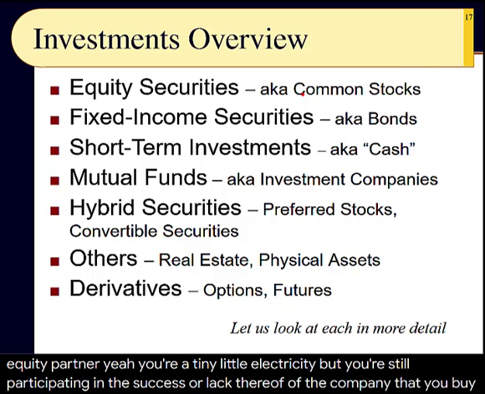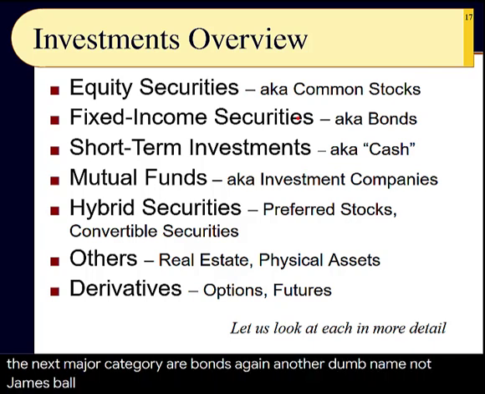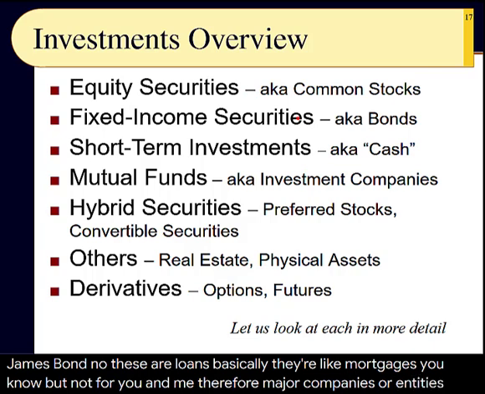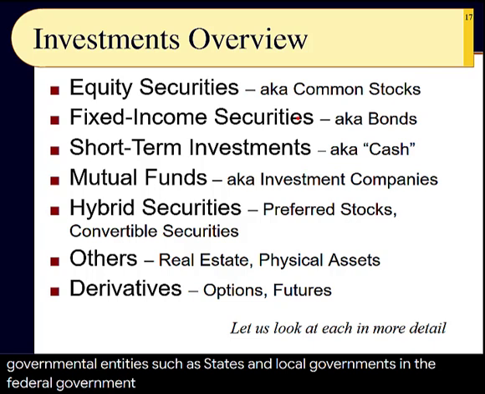The next major category are bonds. Again, another dumb name, not James Bond or Barry Bonds. No, these are loans. Basically, they're like mortgages, but not for you and me. They're for major companies or entities, governmental entities such as states and local governments and the federal government. And we call these fixed income securities.